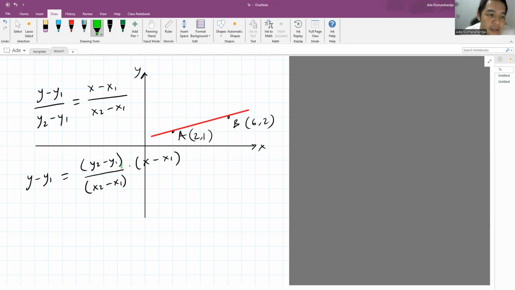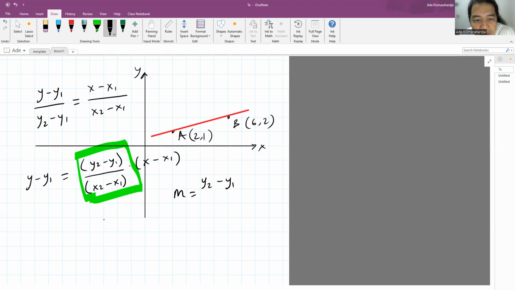When we have 2 points, we can calculate this value, the change in y divided by the change in x, and we call it the slope. So normally we will find the slope from that line first.